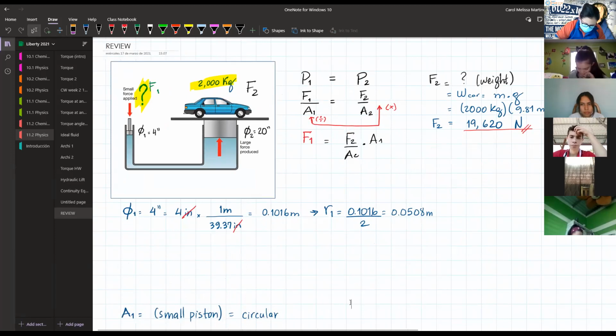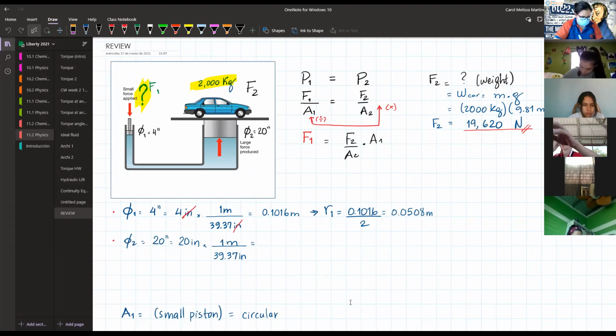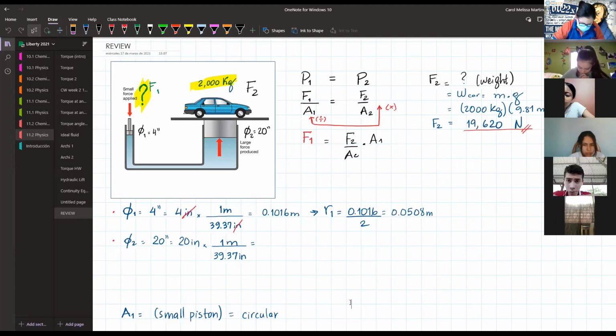Okay. Now that you worked with the first diameter, you work with the second one. Second diameter equals 20 inches. 20 inches I convert to meters, okay, with the same conversion factor. How much is this? 0.5080.